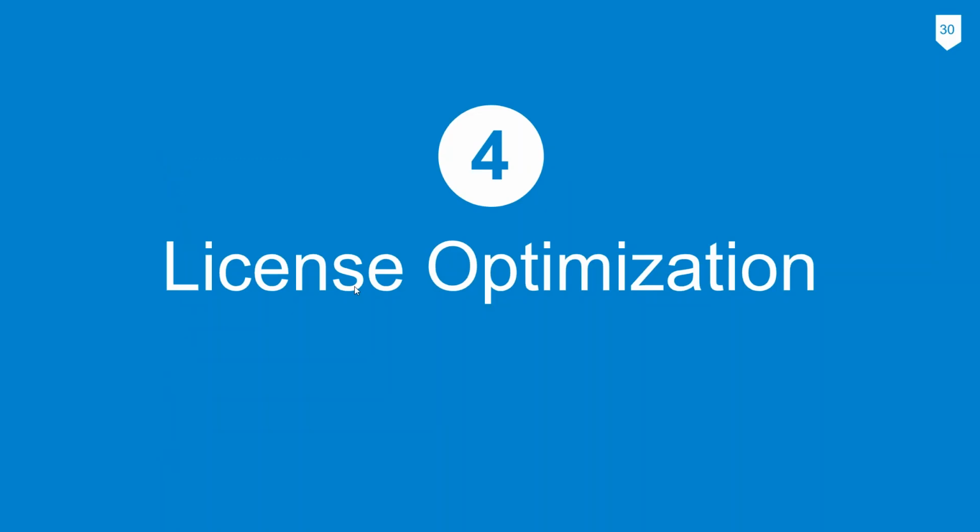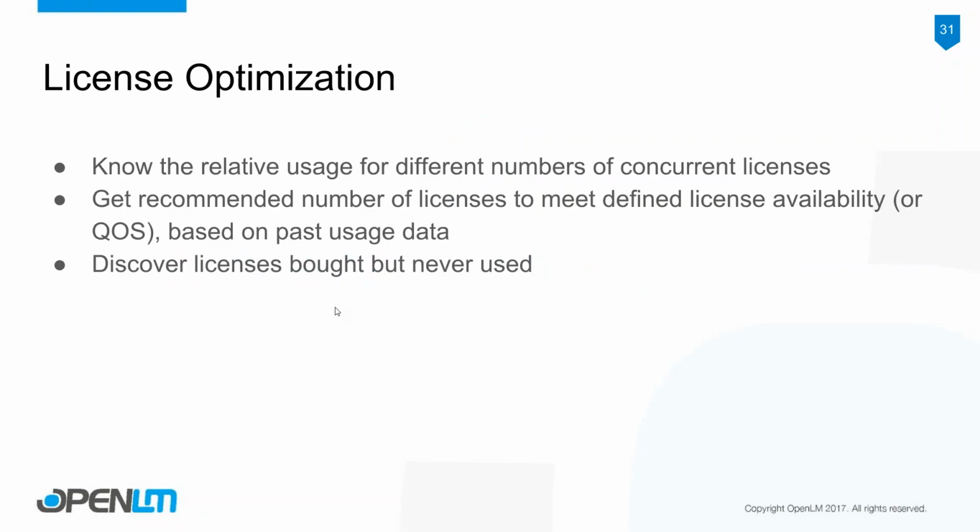We've now covered license inventory, real-time monitoring, and usage reporting. So we know what's going on now, we know what happened before, but this doesn't give us information about how many licenses we actually need. So this is where license optimization comes in.